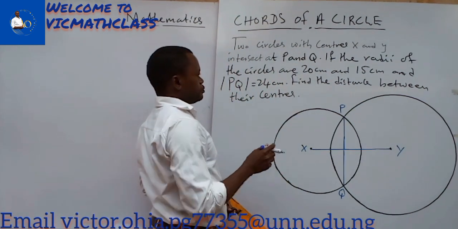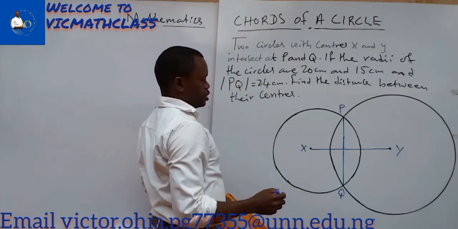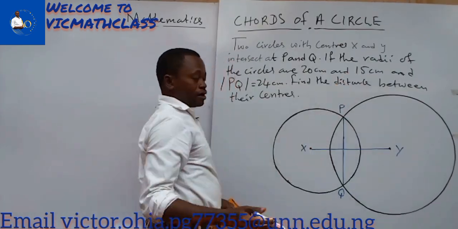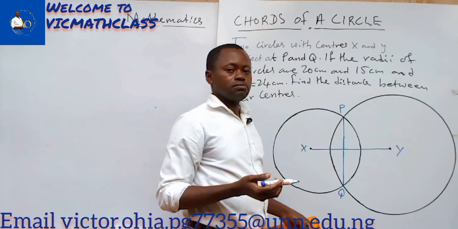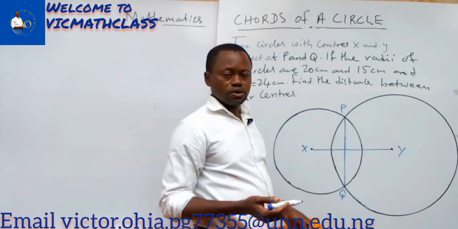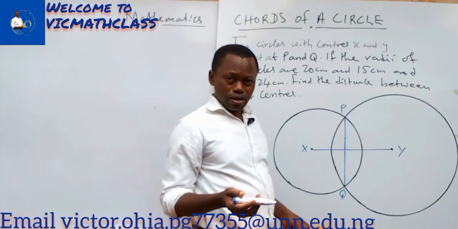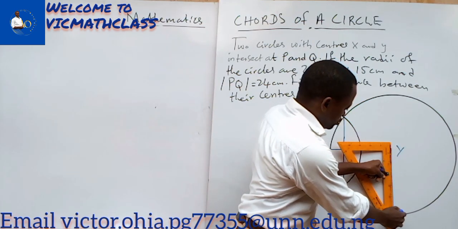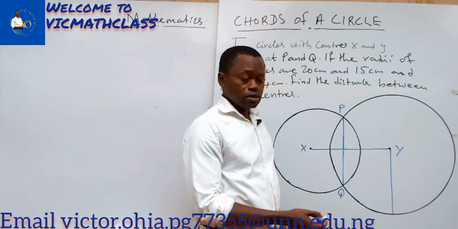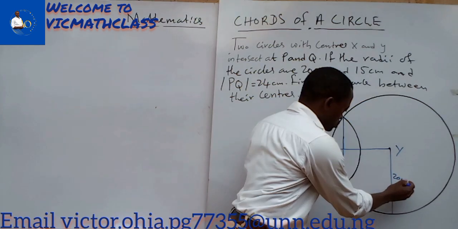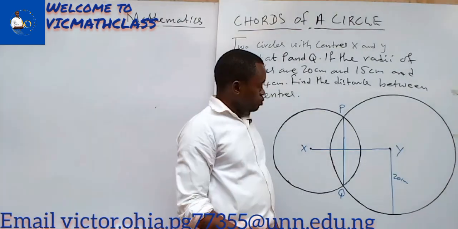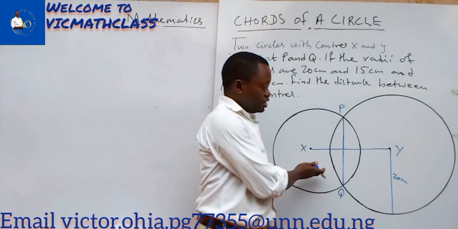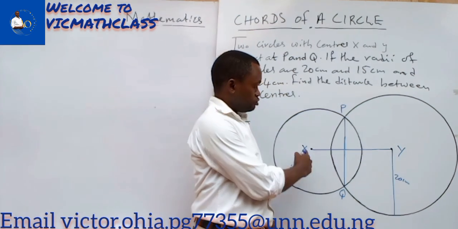Now another thing, this radius 20 cm and this radius 15 cm. I am passionate about explaining for people to understand. Are you aware that I can put this line now? Is this not a radius? It's a radius. I can put 20 cm here. But what connection does it have here? Can it help me to do any calculation that has to do with XY?